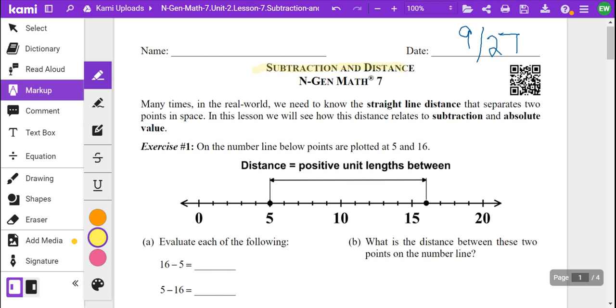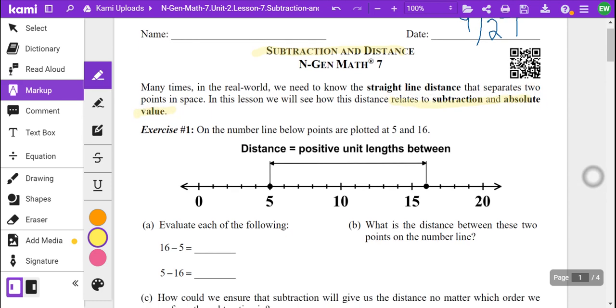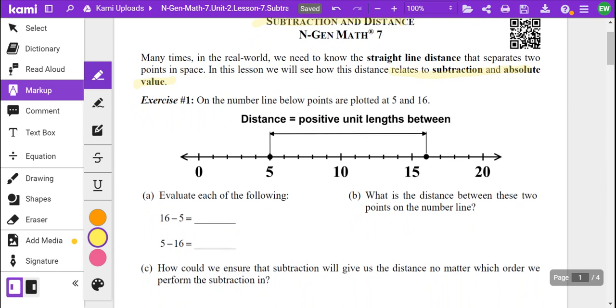We can just list the distance. So it relates to subtraction and absolute value, which we've talked about before. And it's really important. This right here is the key. It's positive. So no matter what the difference is between those numbers, your distance is always going to be positive.